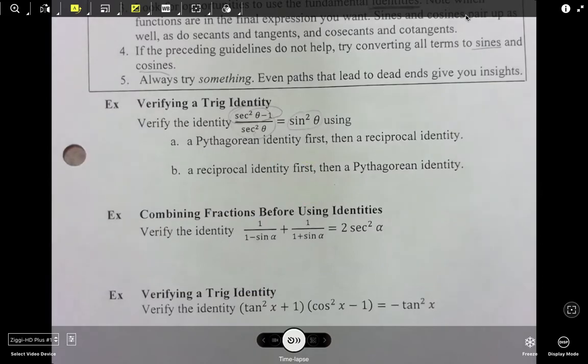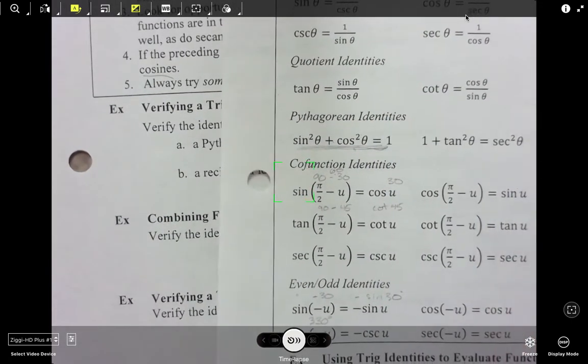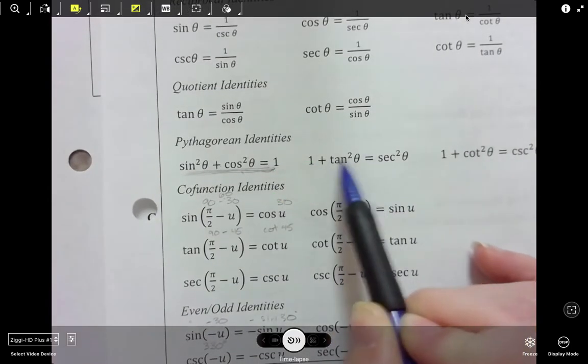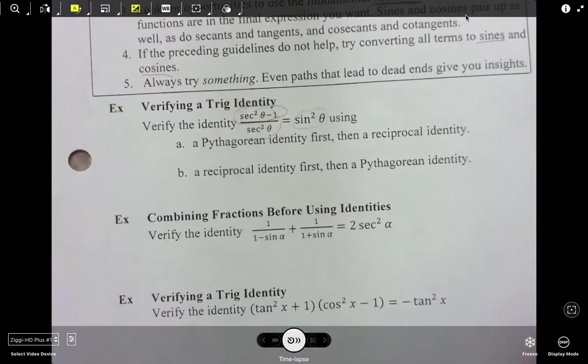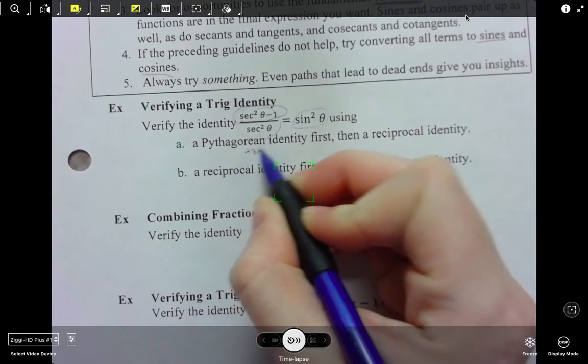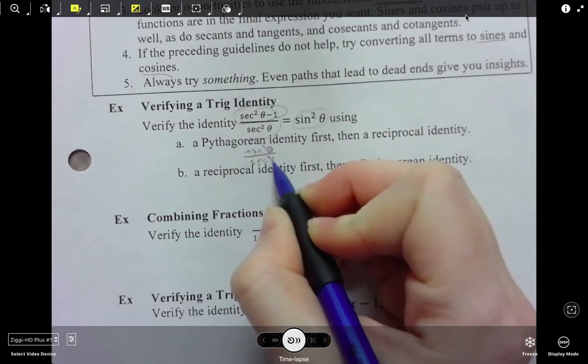What we can do is secant squared theta minus 1. Secant squared theta minus 1 would be the same thing as tangent squared theta, if I subtract the 1 over to the other side. So I'm going to convert that to tangent squared theta over secant squared theta.